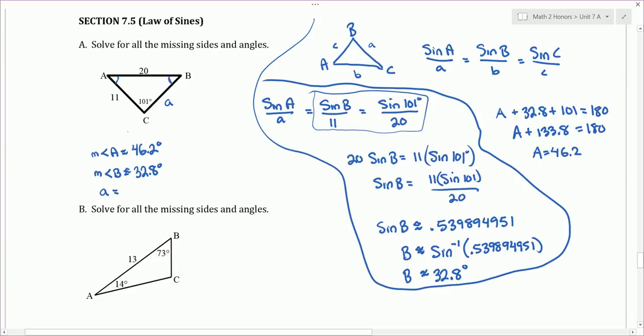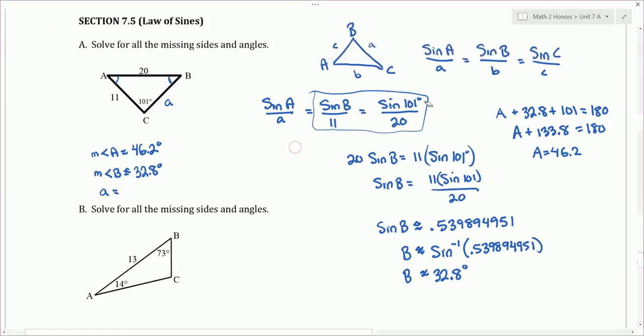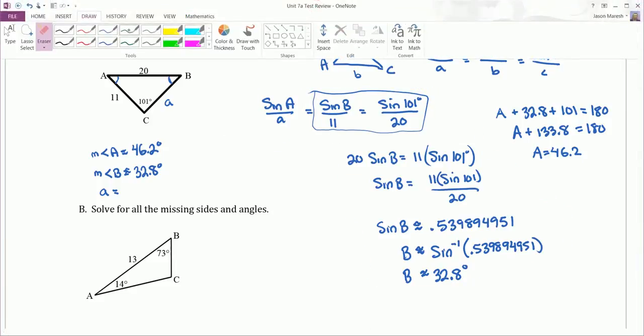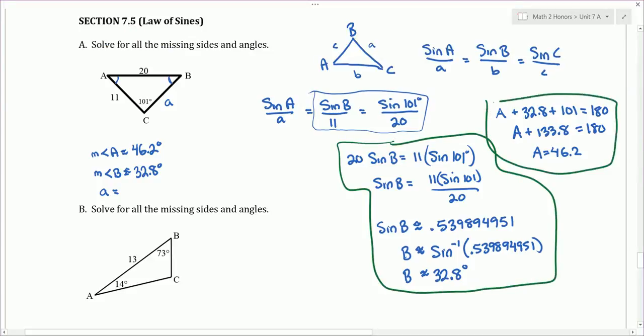And lastly, we're after side length A. And now I'm going to go back to that original fraction that we set up. And this time I'm going to use, it doesn't matter, I'll maybe use the first two, and plug in what I know.